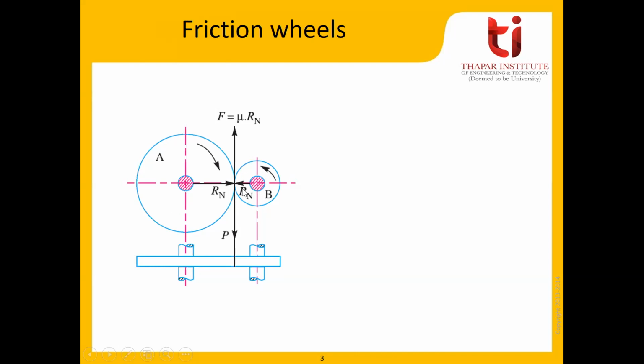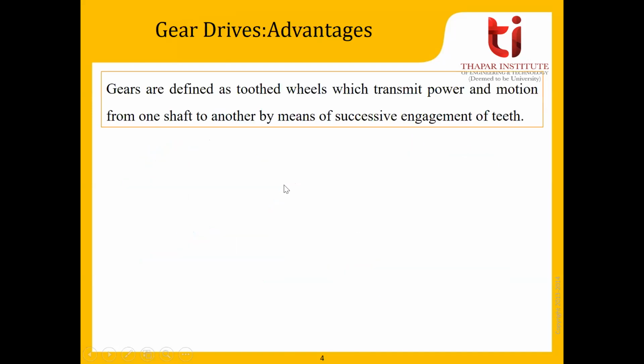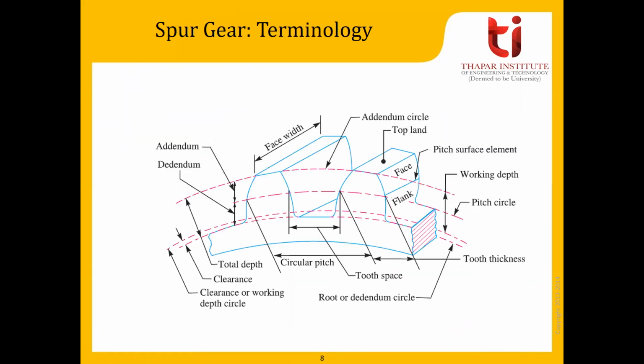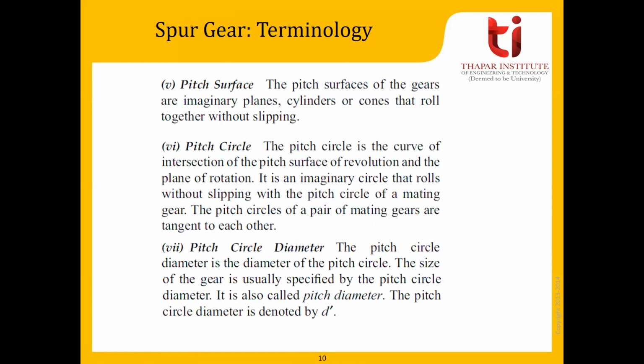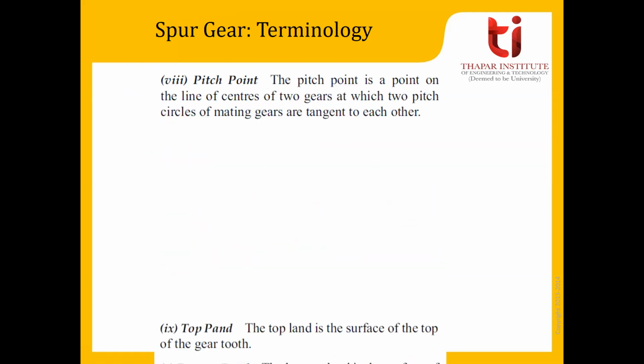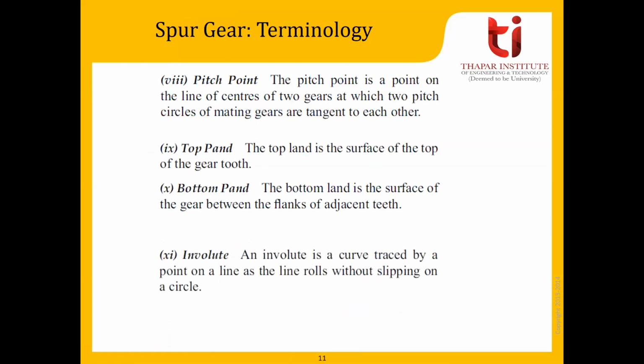These are the pitch circles, and at this point these two circles are tangent to each other. This is the line of centers for both of the mating gears. Then top land and bottom land, as we saw in the figure.